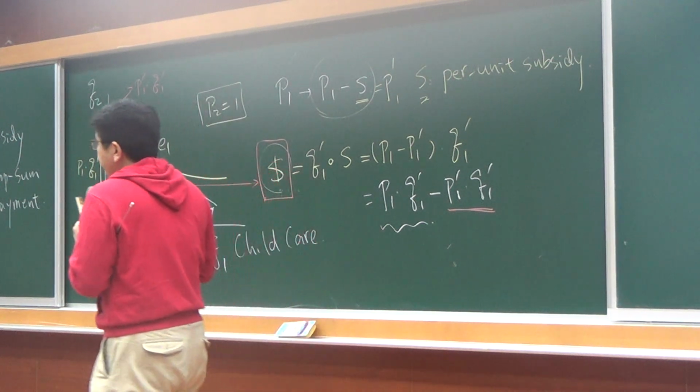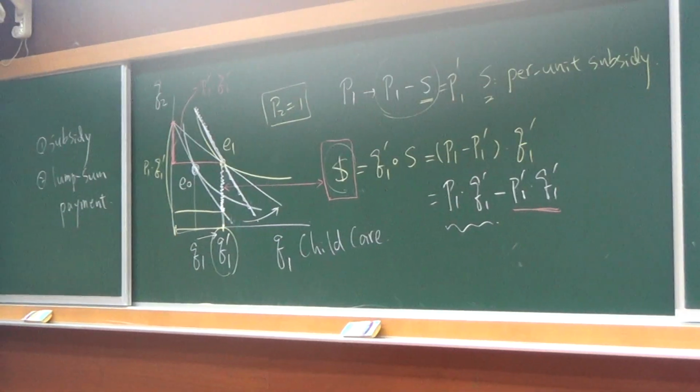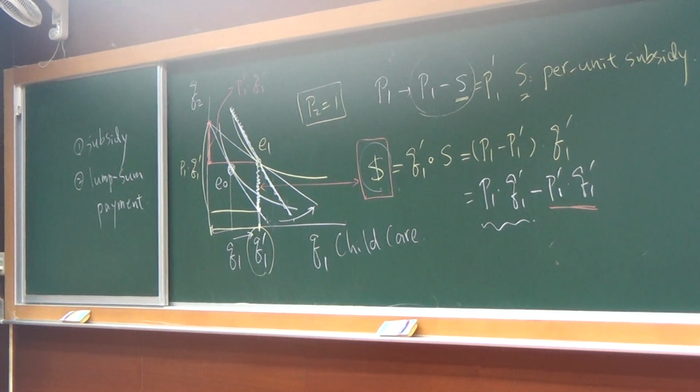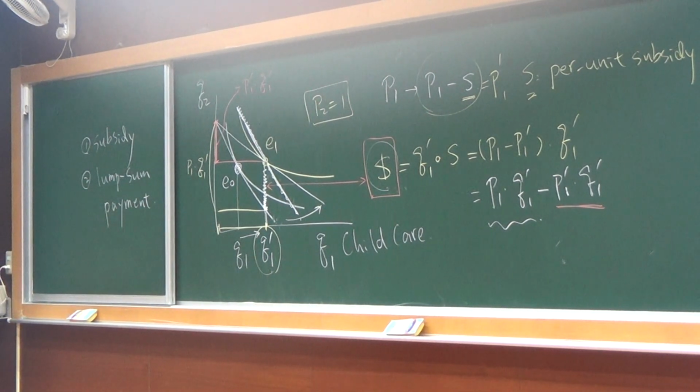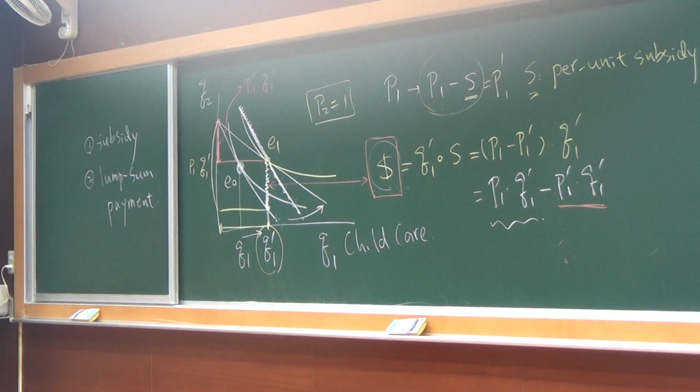All right, now we have two different policies or two options. One is subsidy, which changes the price of childcare, makes childcare cheaper, right? And the other would be lump sum payment. So a lump sum payment doesn't change any price, but it's just a transfer from the government to the consumer, right?